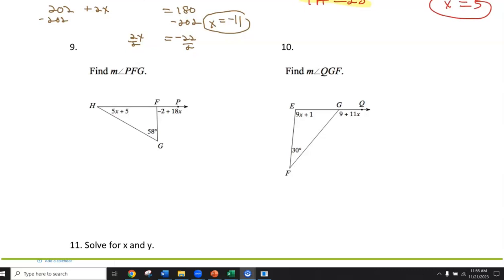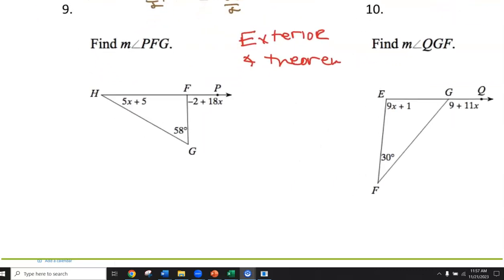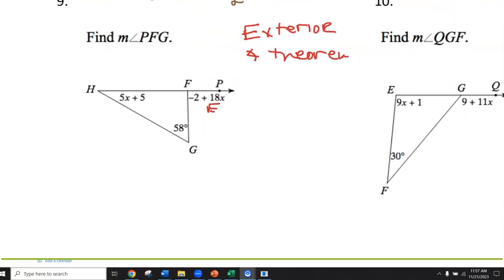Okay, back to exterior angle theorem. So I'm going to write that right here. Exterior angle theorem. The exterior angle equals the sum of the remote interiors. Set it up. Here's your exterior. Here's your remote interior, here and here.